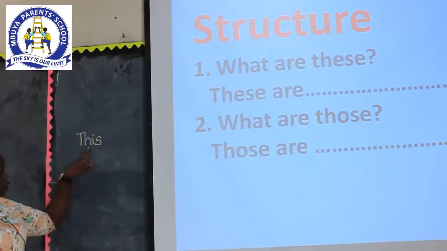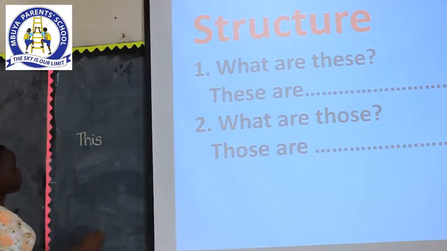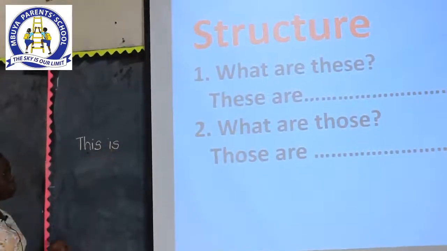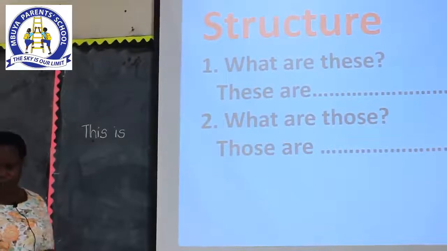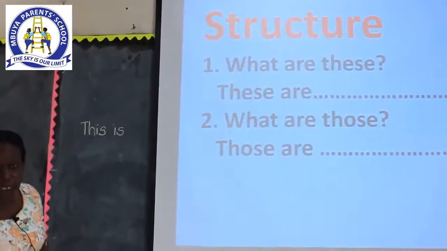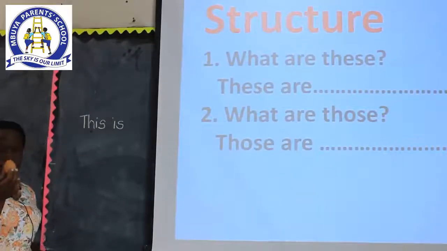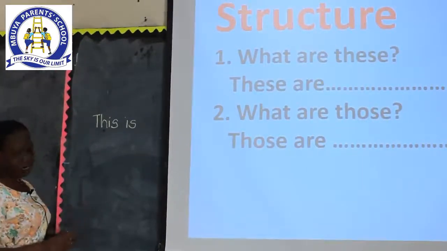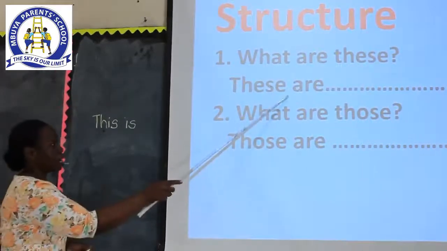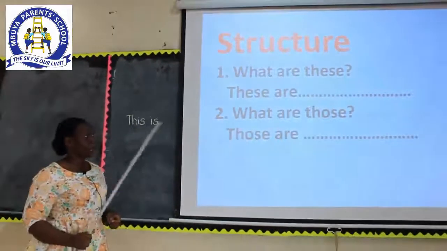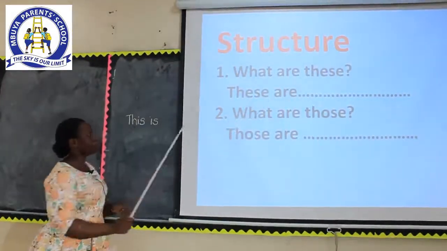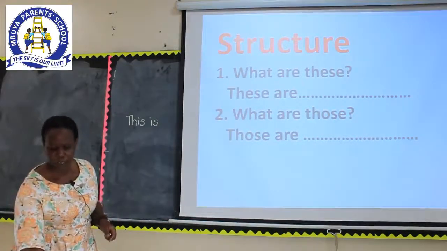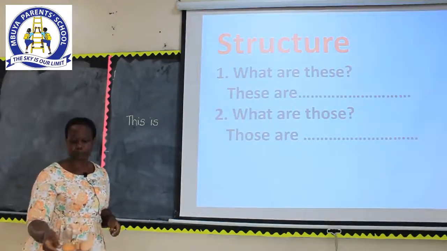This means you are talking about one, and normally followed by is. This is used when you are talking about one item. For example, I can say, this is an egg. It is one. Then the word these is normally used with are, meaning that there are many. Are is the plural form of the word is. So I can say, these are eggs.